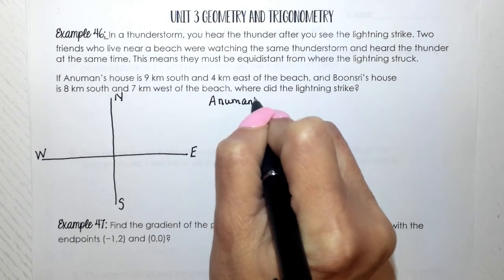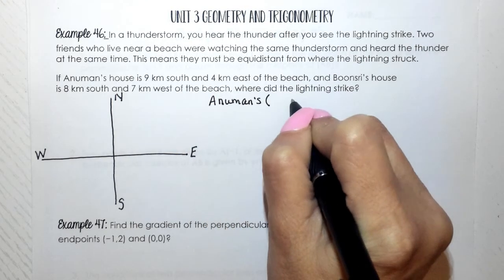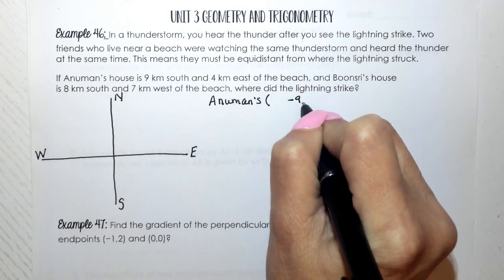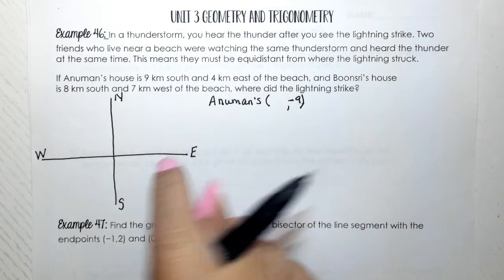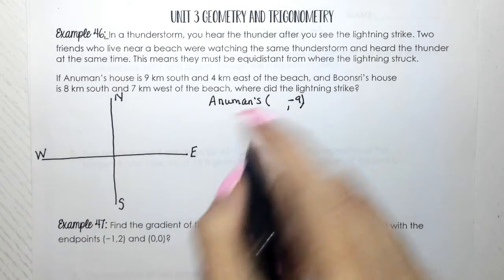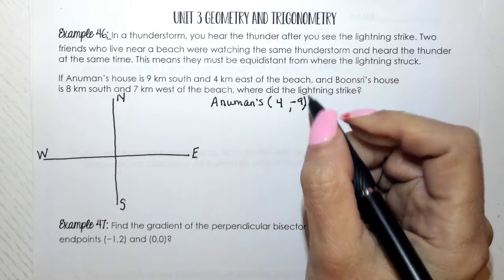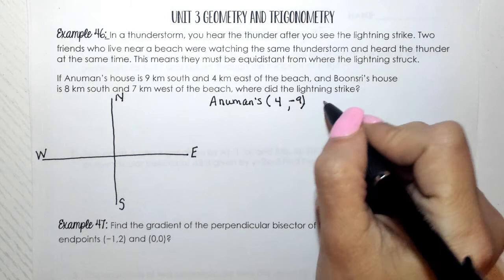South is going to be -9, going down, and then 4 kilometers east goes this direction. So it's over 4 and down -9.